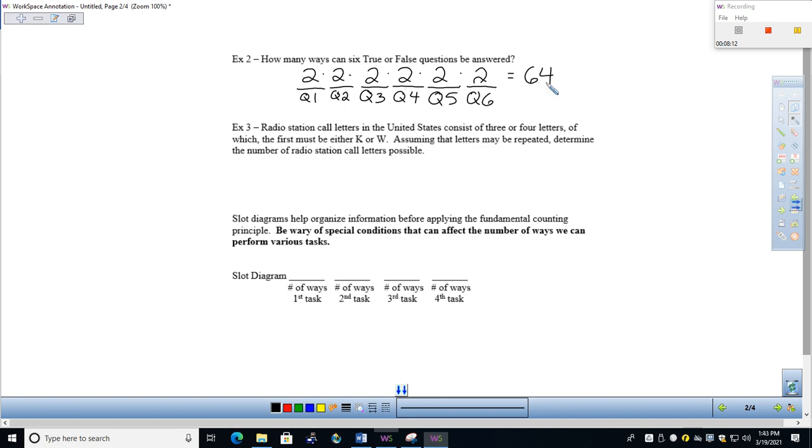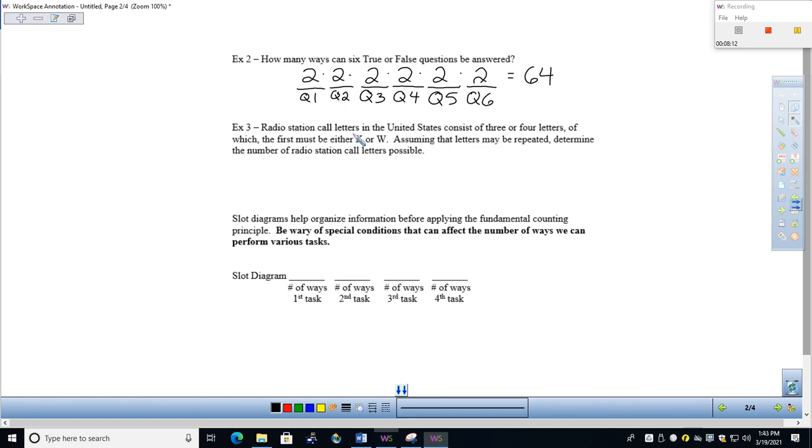Radio station call letters in the United States consist of either 3 or 4 letters, mostly 4, but there are 3 out there, of which the first must be either K or W. My understanding, and this might not be 100%, is that radio stations east of the Mississippi River begin with W. I grew up back east, and all the radio stations I listened to as a kid started with W. But the ones west of the Mississippi River start with K. The one that comes to mind out of Boulder, of course, is KBCO.